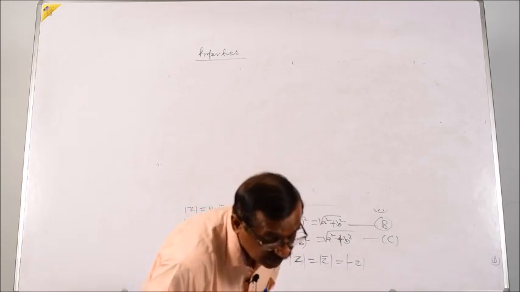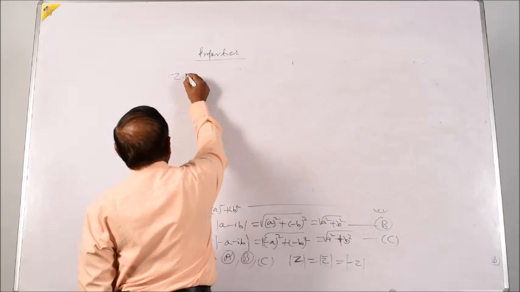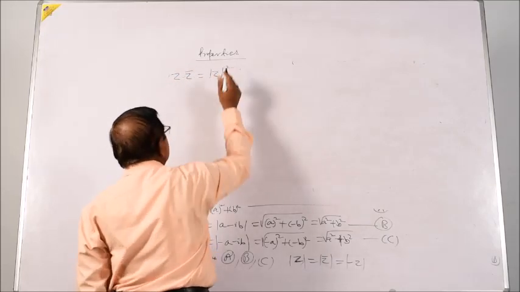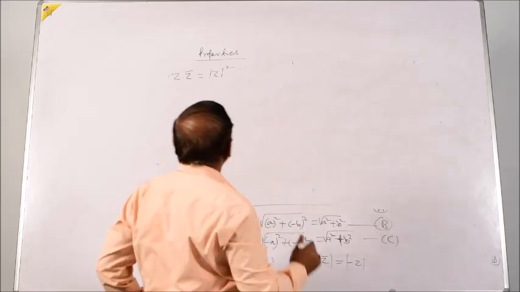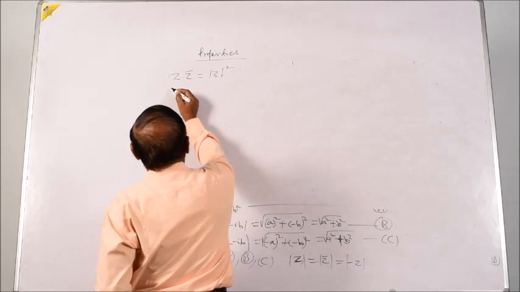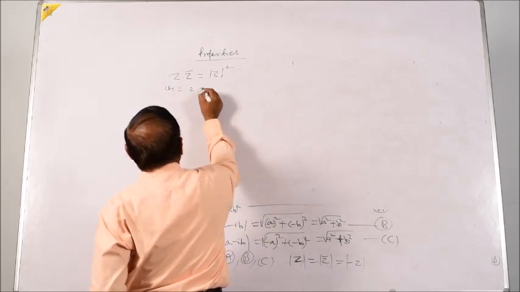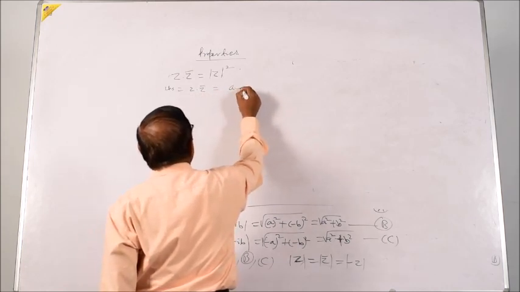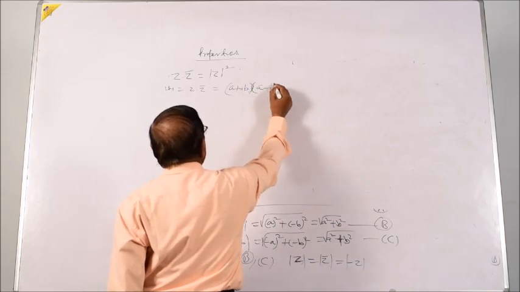Another property is like this: z dot z bar is equal to mod z square. So, LHS is z dot z bar. We know z is a plus ib, z bar is a minus ib.